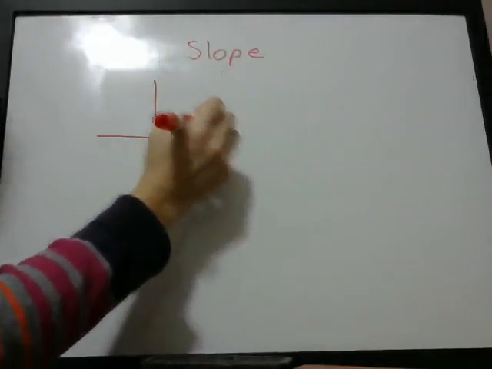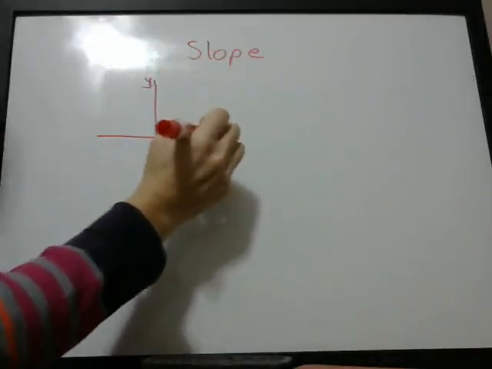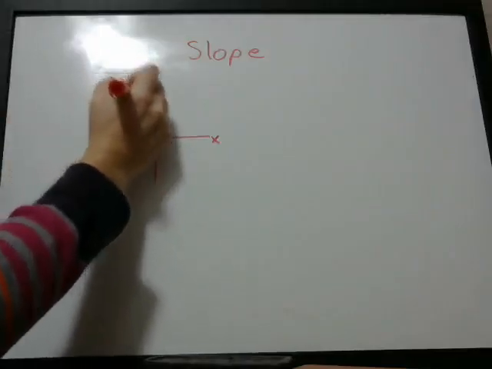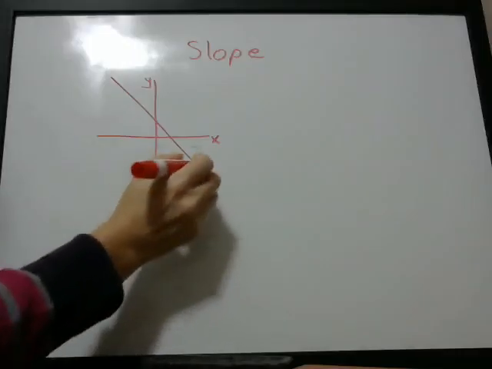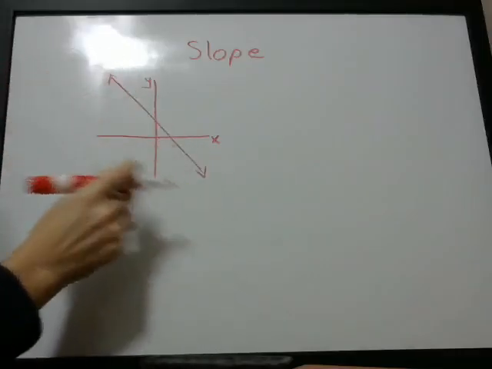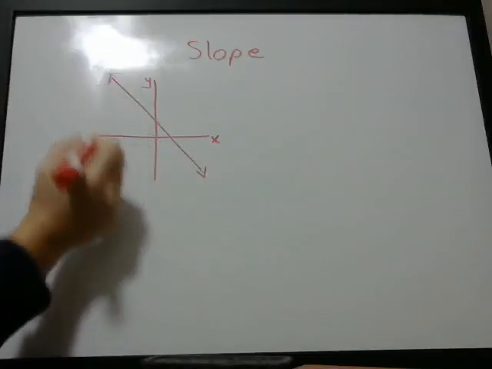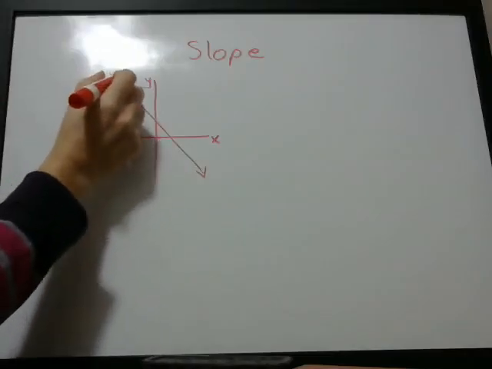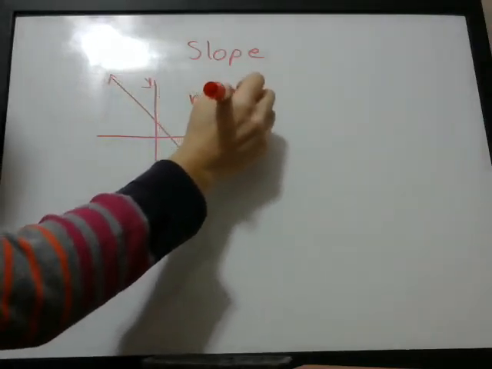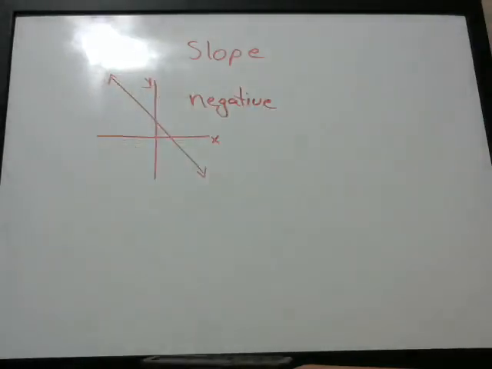Here's your X and here's your Y, because you're going to plot points and plot lines on the coordinate system. If you look at the line from left to right, so here's our line, if it's going downhill, so if you were a person standing on the leftmost part of it, if you're going downhill, you're going to have a negative slope. So the number is going to be a negative number.